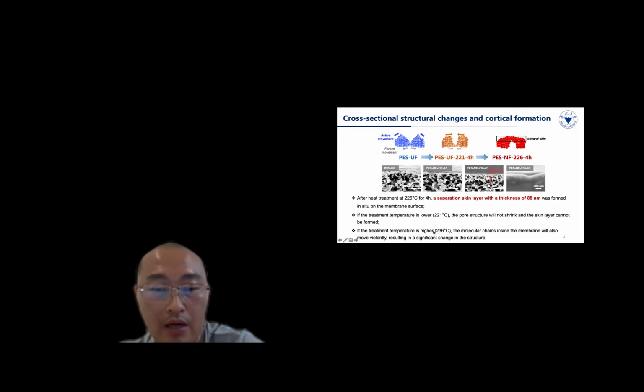In another case, if the temperature was very high, close to the Tg, for example 236 degrees, we can see the bulk was changed without any pores. That means not only the surface but also the bulk changed to a very dense structure, so in this case the membrane permeance will be very low.